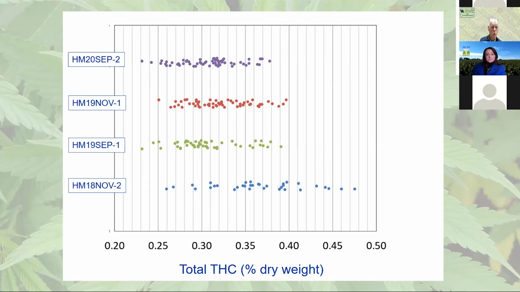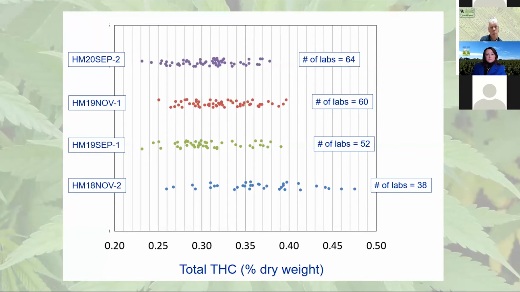It improved somewhat in 2019, and although the range is still as high in this 2020 sample, it's interesting to note that there is a larger cluster of samples at about 0.32% total THC. The hope is that with time, with laboratories understanding where they lie in the spectrum, there will be improvements and this variation will decrease.